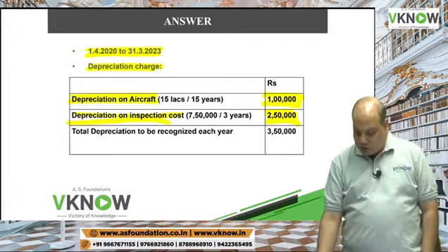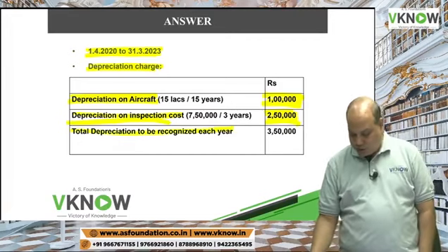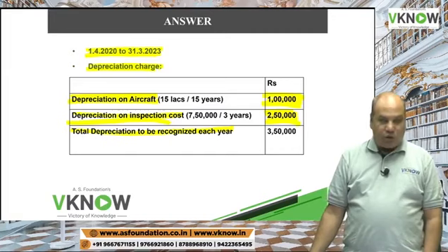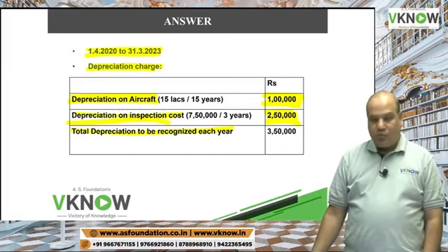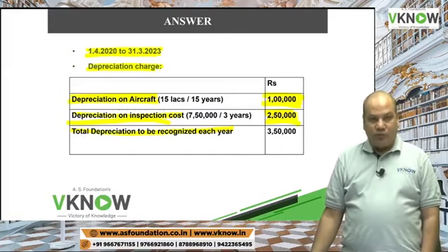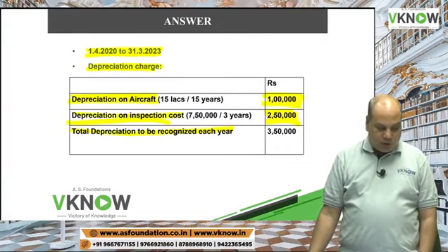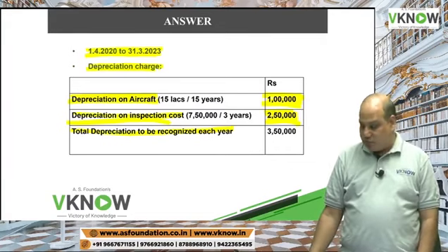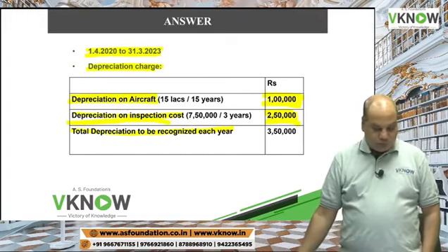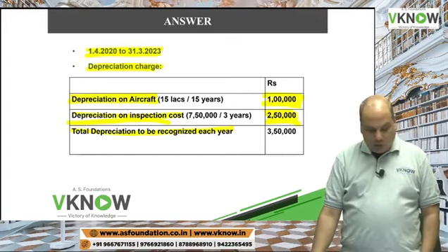And then you write down the last line, total depreciation: 3,50,000.